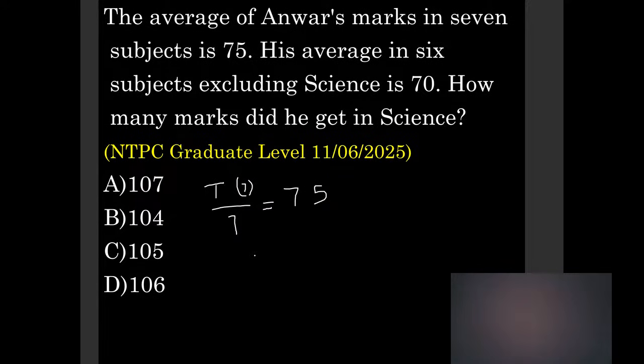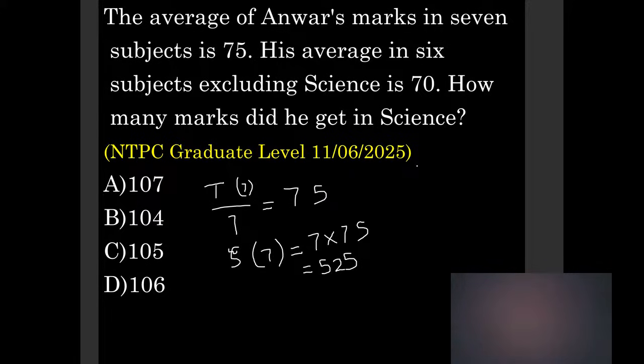So sum of all the 7 subjects gives us 7 into 75. This is sum of all the 7 subjects. If you simplify this, that is equal to 525. So sum of 7 subjects equals 525.